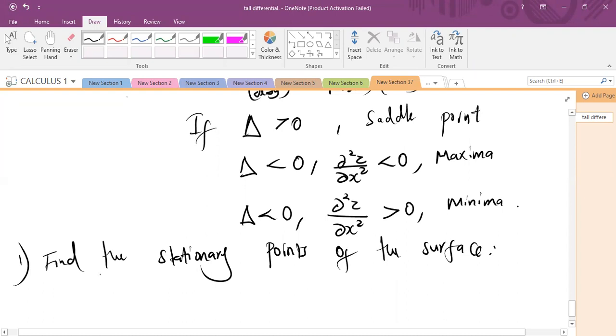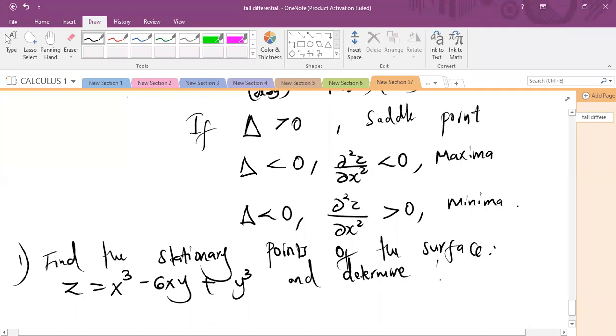The surface is z is equal to x cubed minus 6xy plus y cubed, and determine their nature.